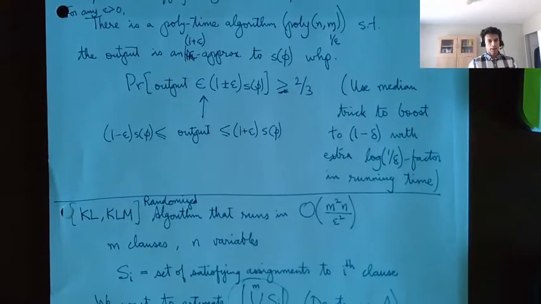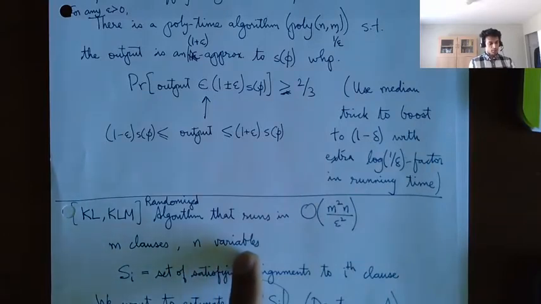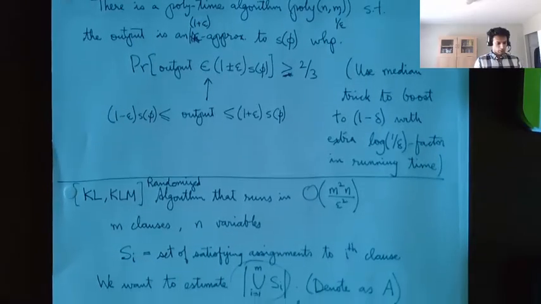And the key was that Karp-Luby runs in m squared n divided by epsilon squared. Remember, m is the number of clauses, n is the number of variables. So it's quadratic in the number of clauses, and you might want to think of a situation where the number of clauses is really large and the number of variables is somewhat smaller. What Karp-Luby did is a very clever trick.